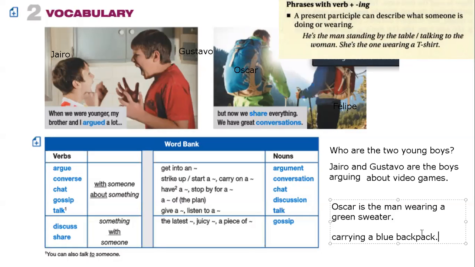Let's use the action. What are they doing? They are sharing moments. They are talking about something. So, according to this, who are Oscar and Felipe?